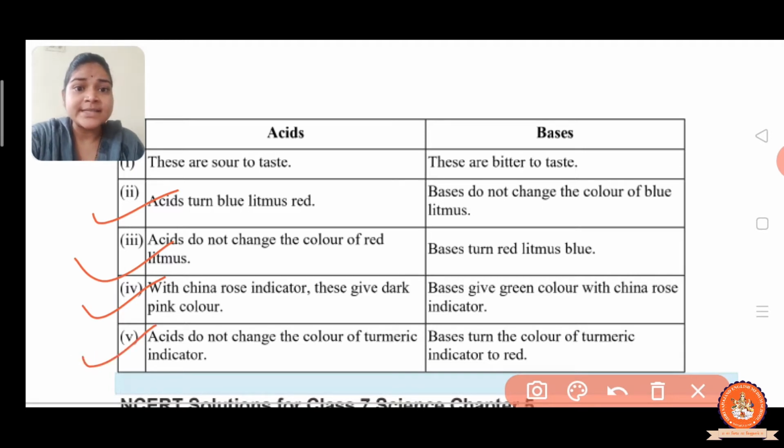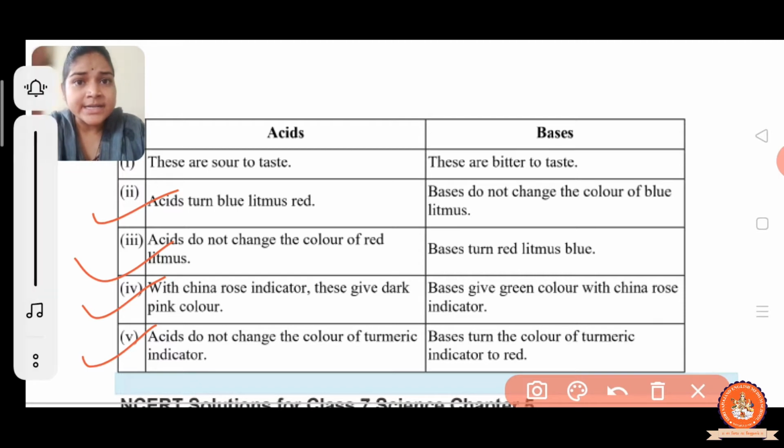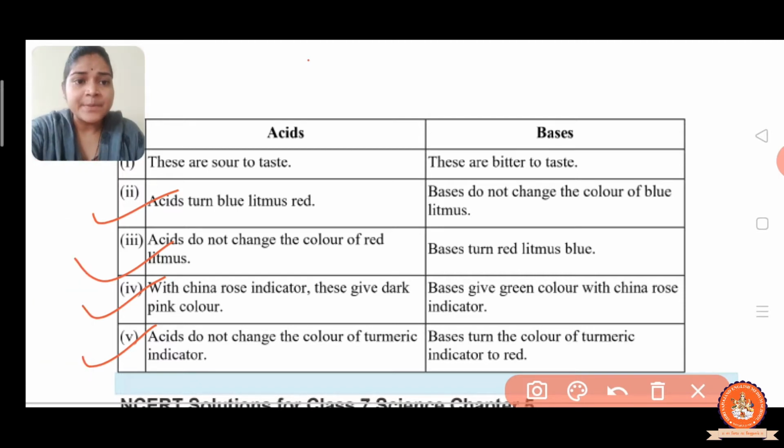And the next point is the turmeric indicator. In activity 5.2 we already did that. If you put a drop of acidic solution on turmeric paper, there is no change in color, but if you put a drop of basic solution on turmeric paper, it turns red.